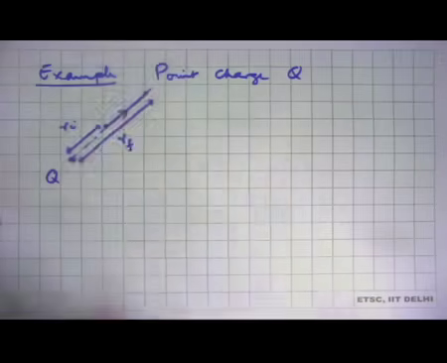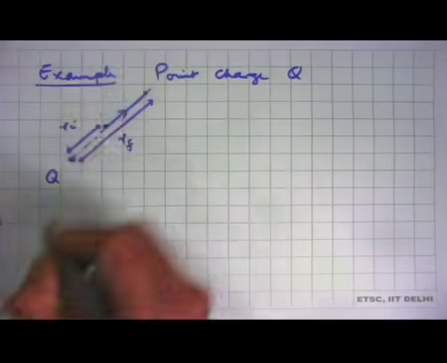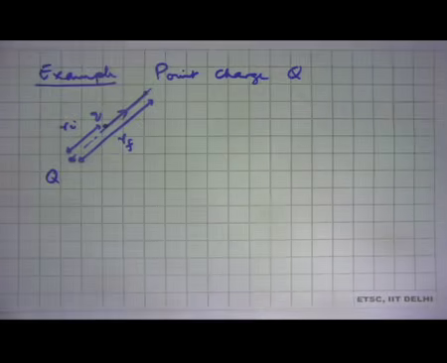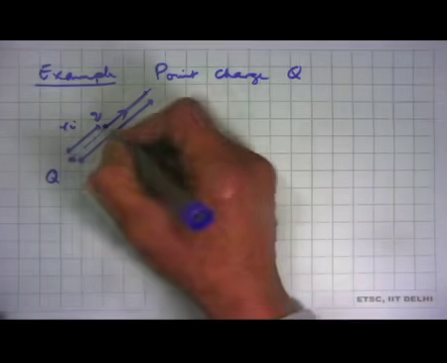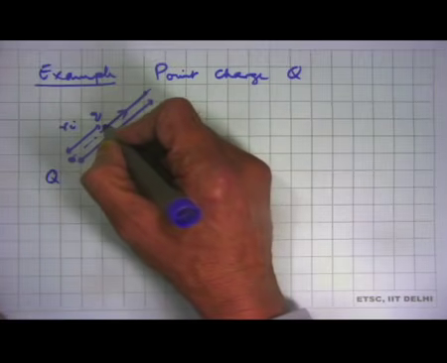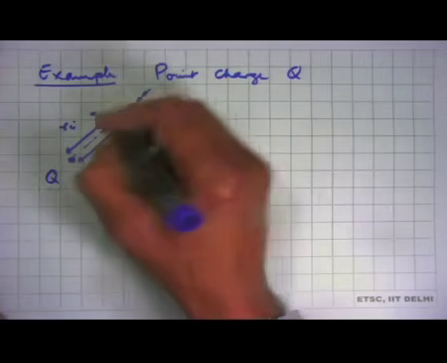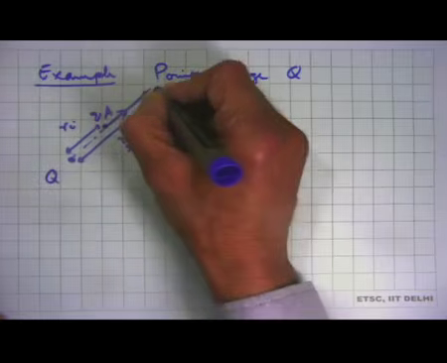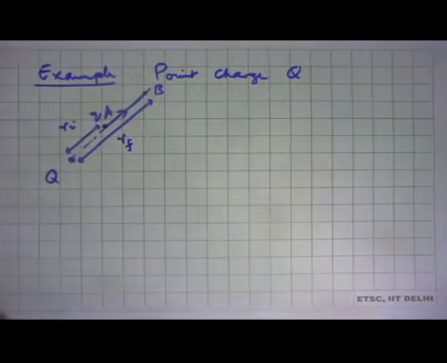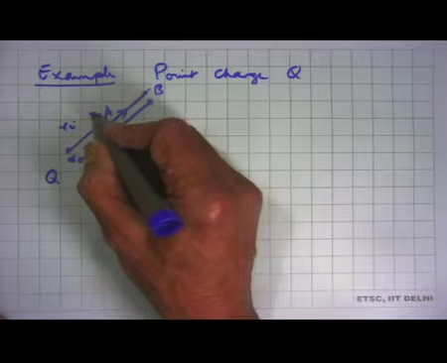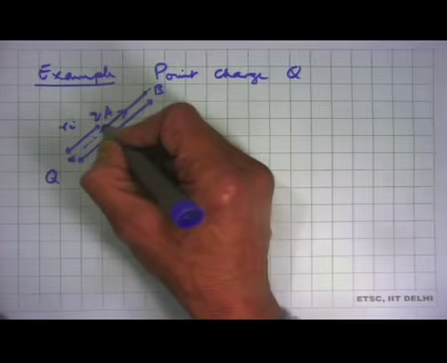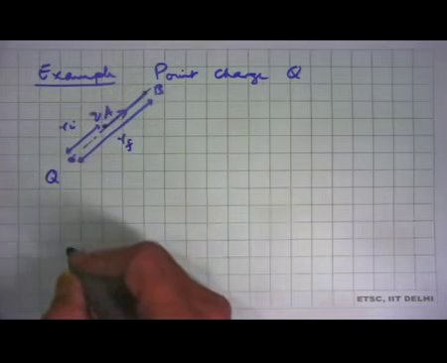Let me assume the charge being moved is small q. I want to move it along the radial direction from point r i to a distance r f. Let me call this A and let me call this B. So, I want to move a point charge with magnitude q from a point A to a point B.